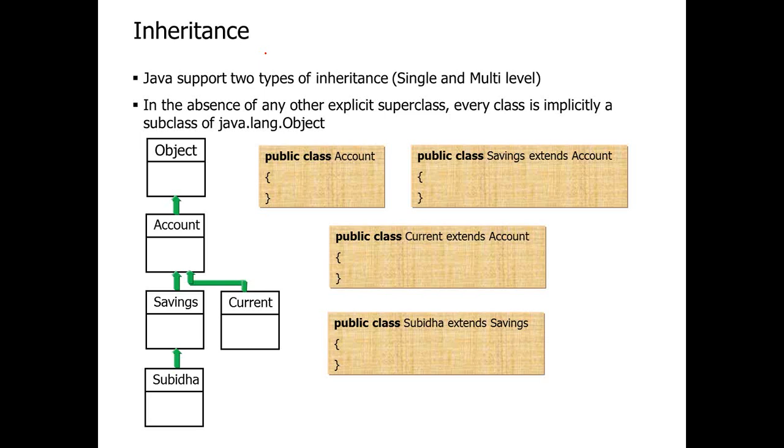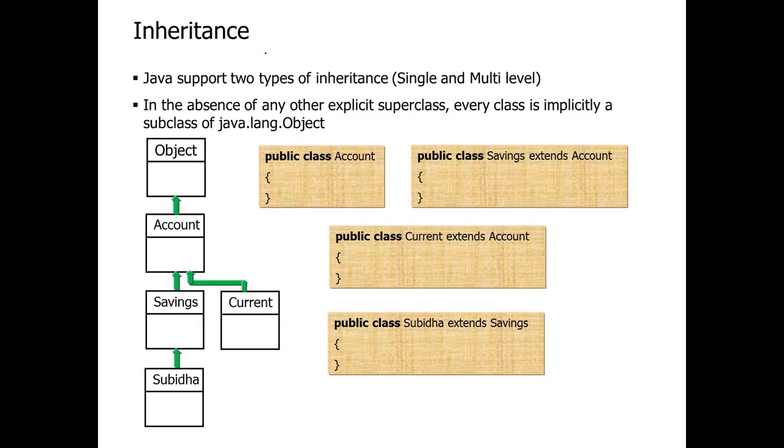Java supports two types of inheritance. One is single and one is multi-level. It is not multiple inheritance like in C++, where you can inherit from two different classes, but rather multi-level inheritance, which means that you can go to any level of inheritance.